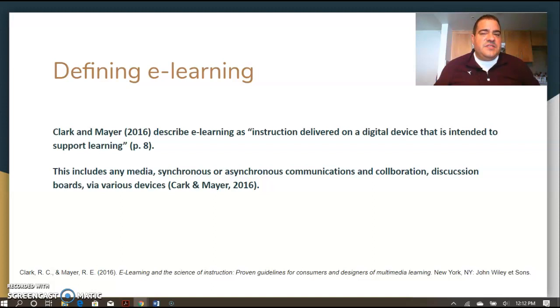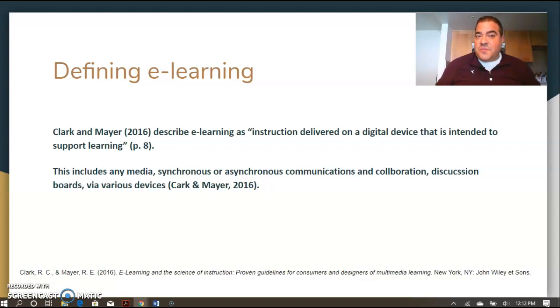So the point of this definition, it broadens the entire perspective of what e-learning is. When we talk about e-learning, it's any kind of instruction that is facilitated through the use of some sort of device. If you're using a phone, you're engaging in e-learning, which is basically online learning. In this case, you are engaging in this video that you're watching asynchronously, right?